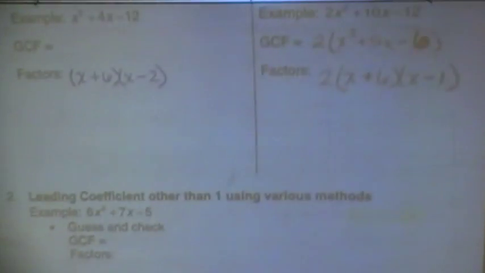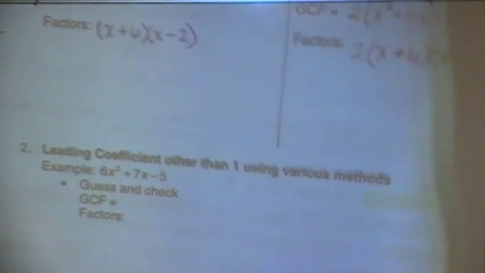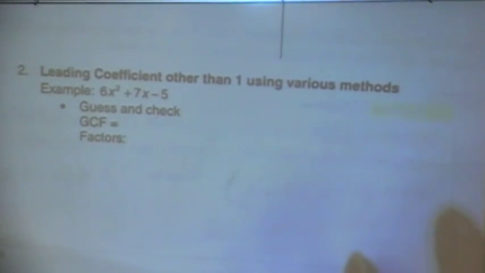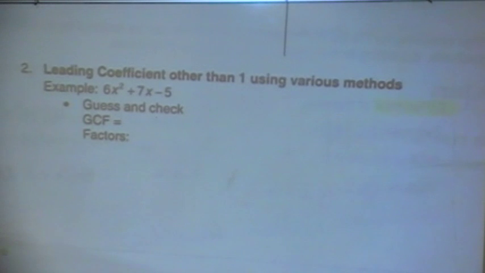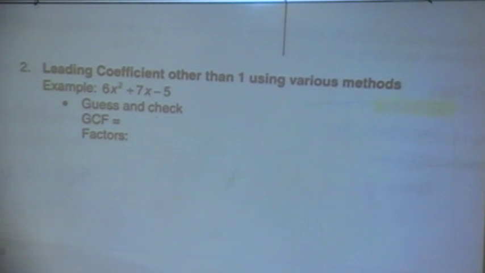Now we're going to go into factoring trinomials with a lead coefficient other than 1. So now, I look at this and I just hope that there's a GCF that's going to get rid of this 6 so that I can factor it. But there's not. So I have to have another way to factor this.